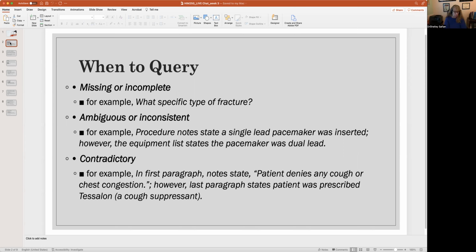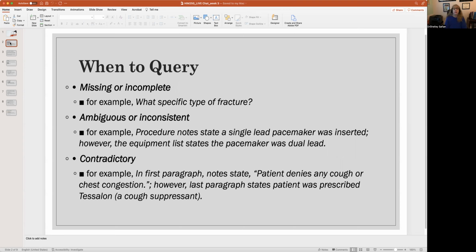You are not questioning the provider's diagnosis, but you need to remember that when they go to medical school, they are not taught about coding, and they don't know what details you need to determine a specific code. They just write their documentation for continuity of care, and they don't realize that you need to know right or left.